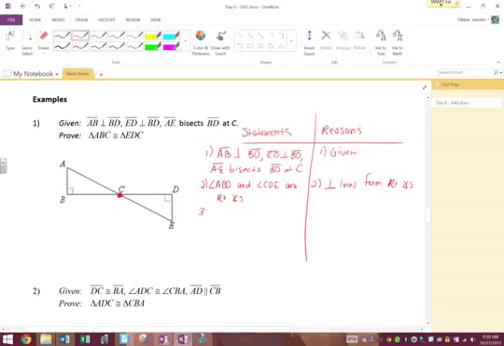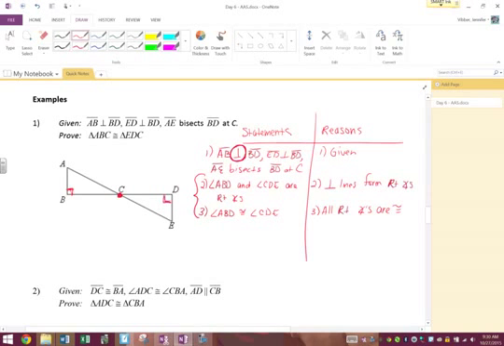Then, because they're right angles, they also have to be congruent. Because if they're both right angles, they're all congruent. All right angles are congruent. You need to remember that when you see perpendicular, it forces your hand into writing two steps about that perpendicularity. Identify the right angles, state that they're congruent. All right, so I have that taken care of.